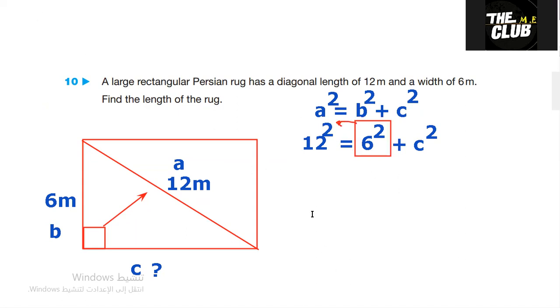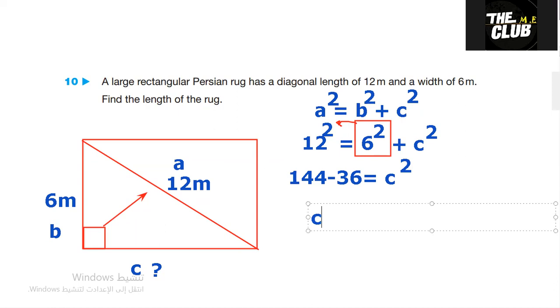First, let's find 12 squared. In the calculator, 12 squared is 144. And then minus 6 squared is 36, equals C squared. And then 144 minus 36, and the answer will be 108.